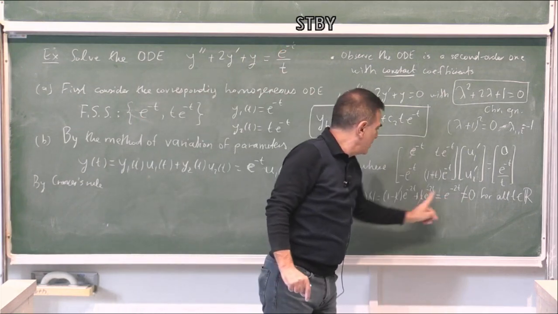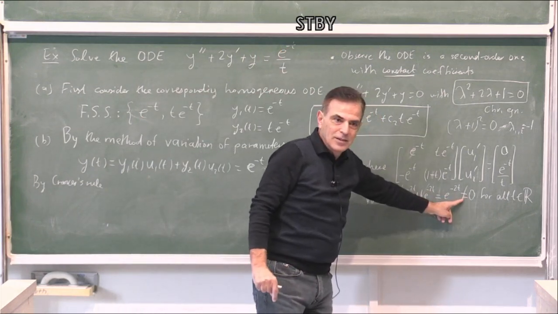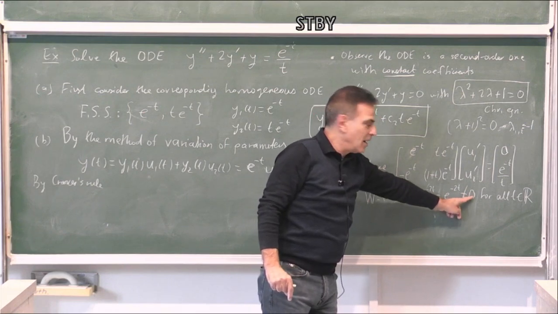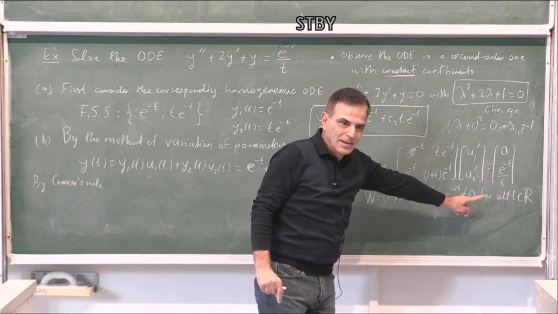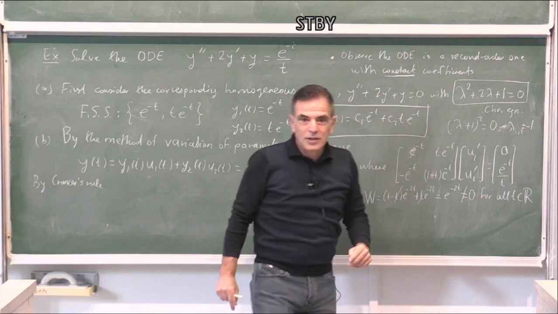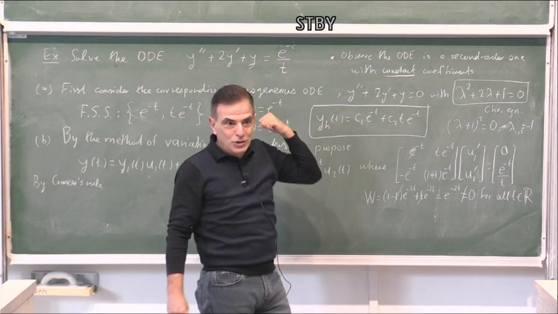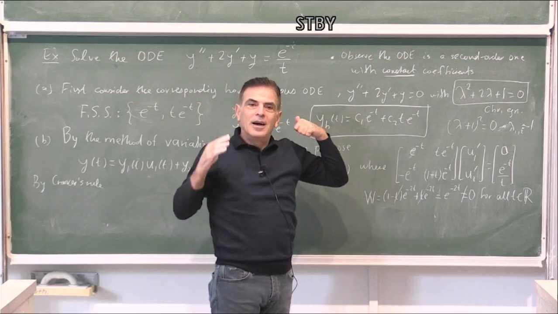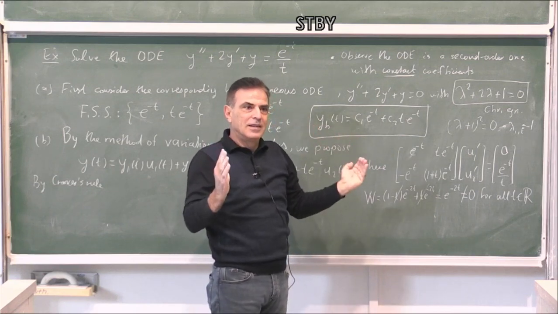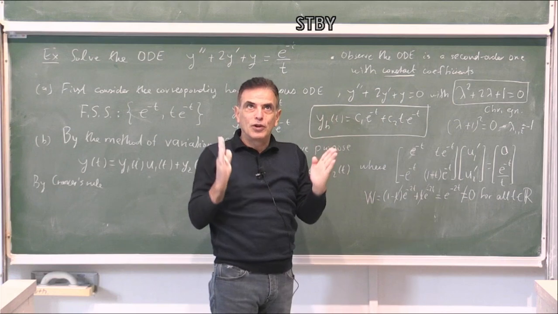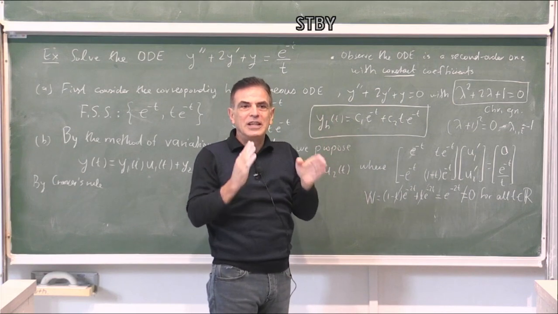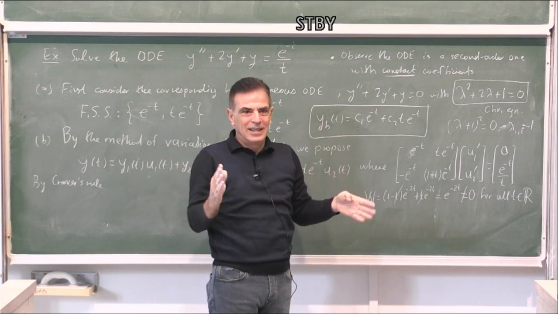So the Wronskian determinant is non-zero for all t, or the two solutions of the corresponding homogeneous equation are valid for all t.